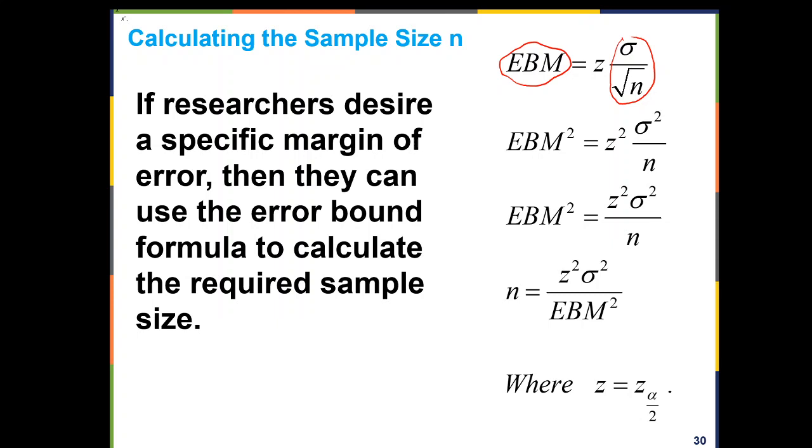If you square both sides, we can isolate n, right? And now we have a formula for n. Remember, this whole thing is just one number. That's the error in decimal. So if you want to have 3% error, then you put 0.03 here. So if you do that, then you can find out what the sample size is supposed to be.